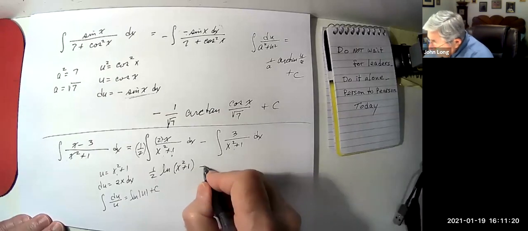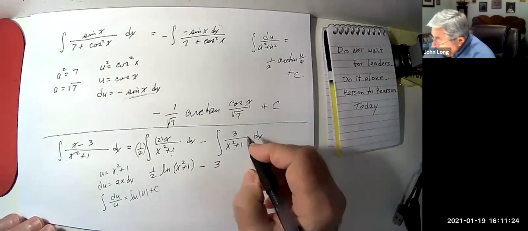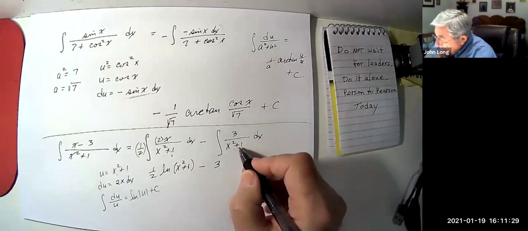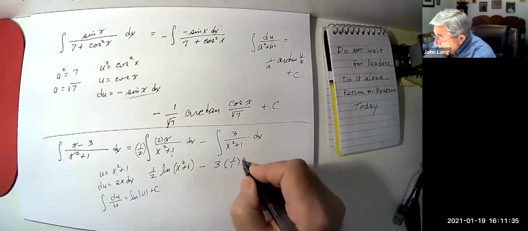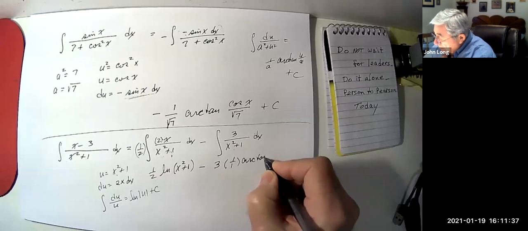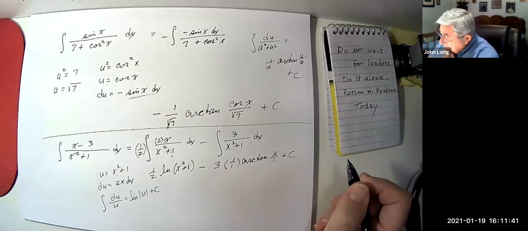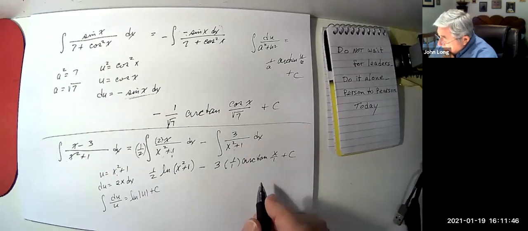But this one, we need to get the 3 out of there. And then it's just going to be dx over x squared plus 1. And you see, that's an a is the 1, and dx, that's just 1 over 1 arctan x over 1 plus c, just straight out of the package, an arctan integral.